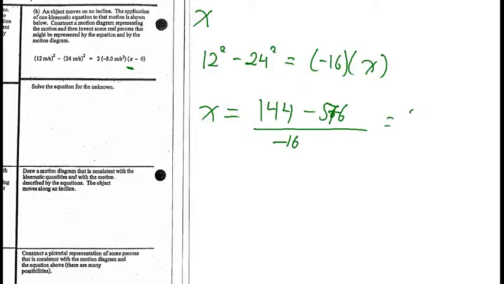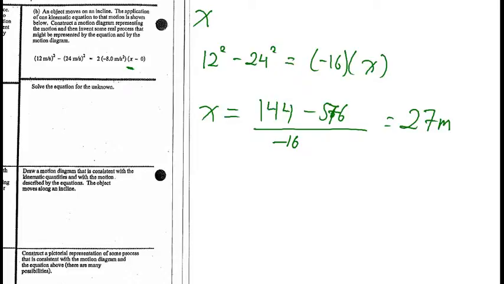So 144 minus 576 equals negative 432, divided by negative 16 equals 27. So the value of x that goes along with this problem is 27 meters.